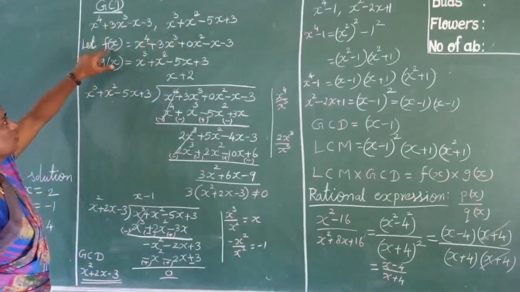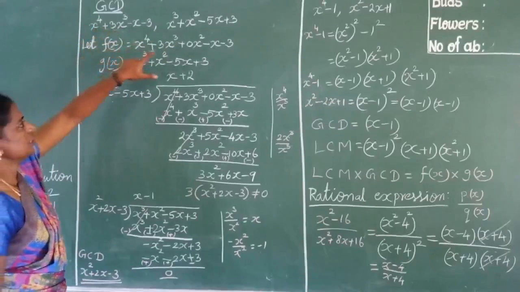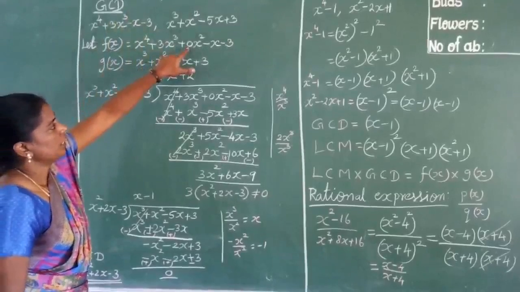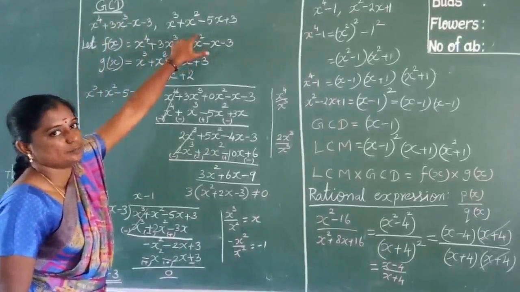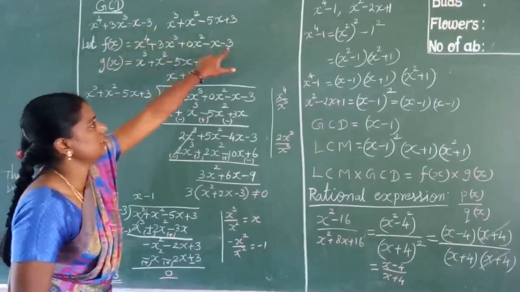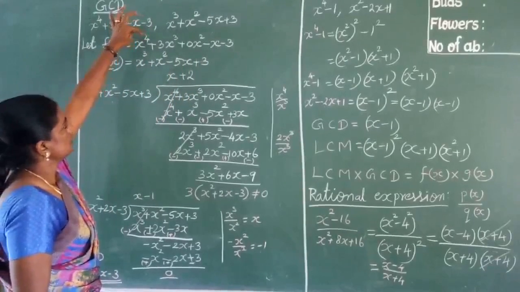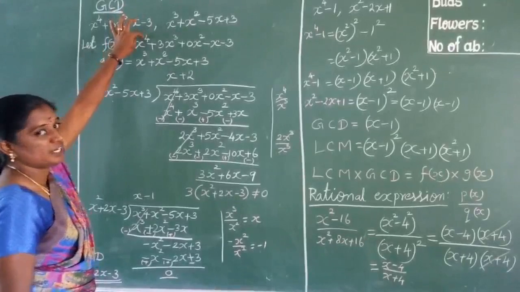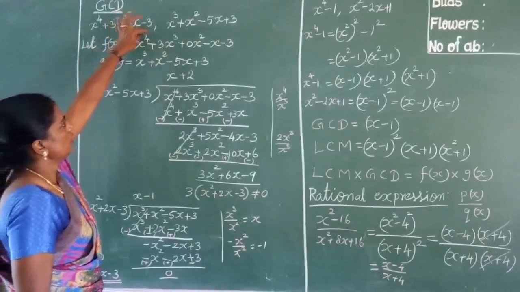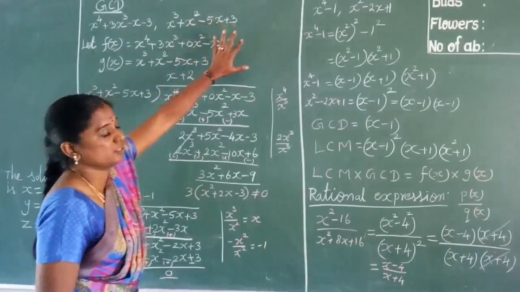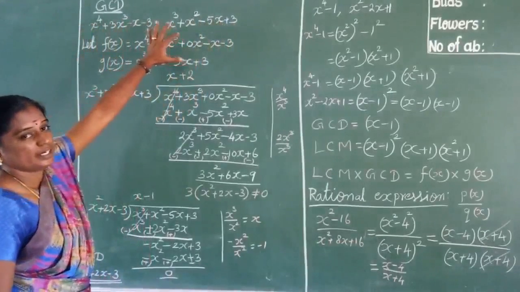So f of x is equal to x power 4 plus 3x cube. Next the x square term is missing, so it can be written as 0x square. And next the x term and the constant. First we check whether the power order is descending or ascending. Here we write 4, then 3, 2 and 1, and here the constant. This order we can write.